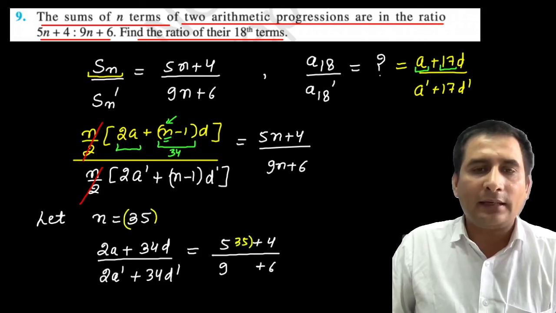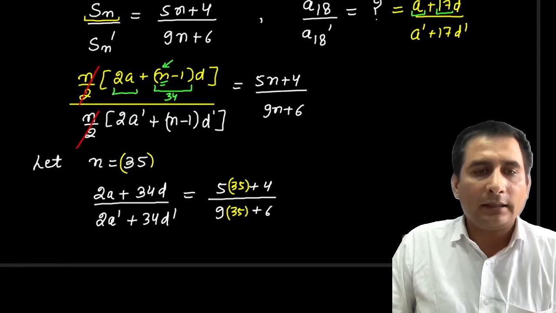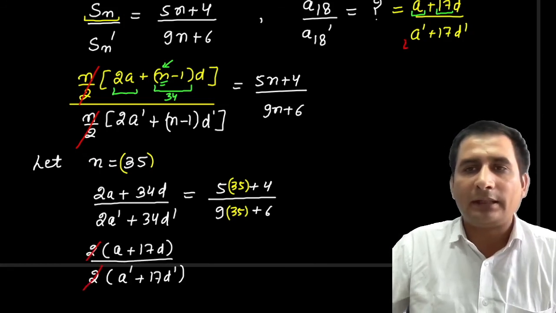So I replaced n with 35 on both the sides. So after that what will happen? I can take 2 common easily from here. It becomes a plus 17d and I can take 2 common from here. It becomes a dash plus 17d dash. So these two cancel these two. So I obtained that thing.